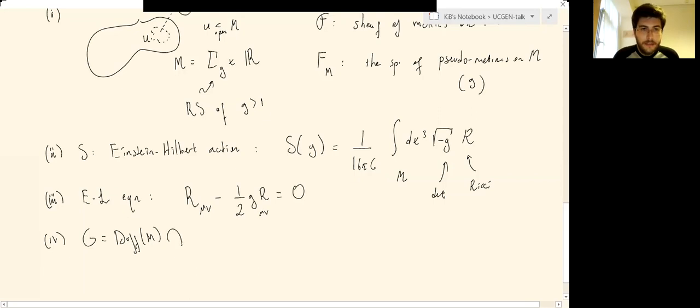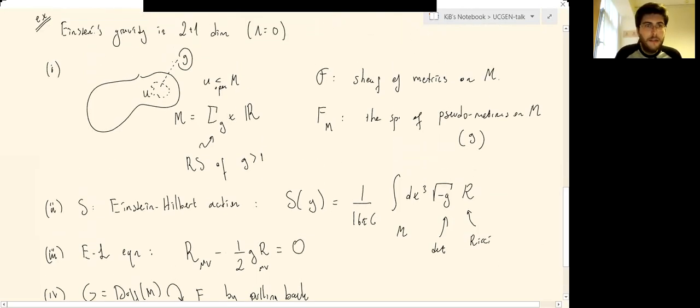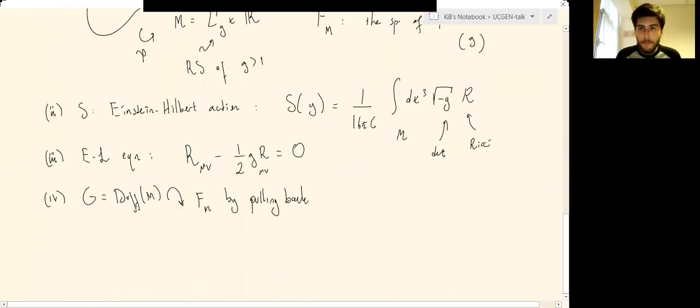And it acts on F(M) by pulling back. So you just pull back metrics. Maybe if you go back here, if you have some diffeomorphism phi here, you just pull back this metric. Okay, this gives you another metric.